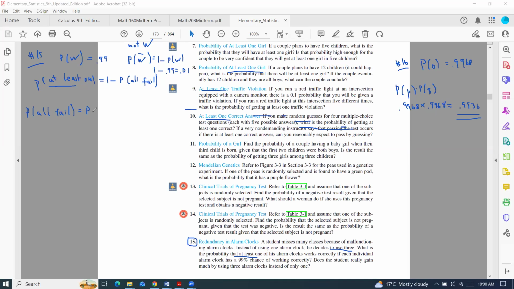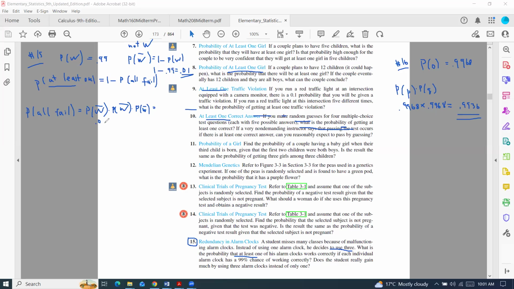So it means that the first one did not work, and times the second did not work, right? And times the third one. So all three alarm clocks failed, the whole thing, and it looks like it will be 0.01, right?